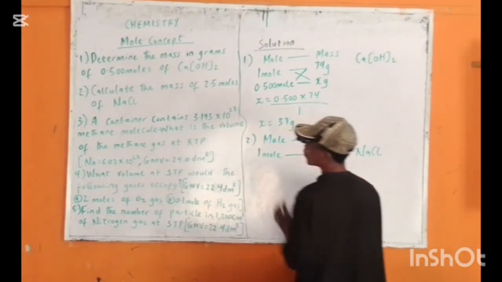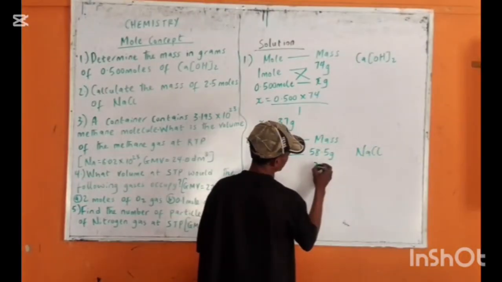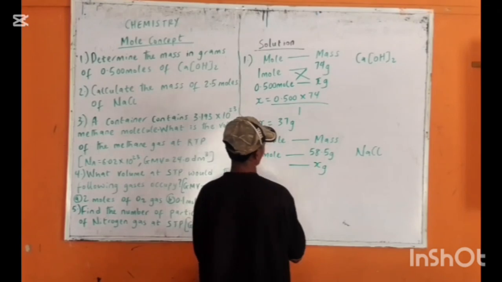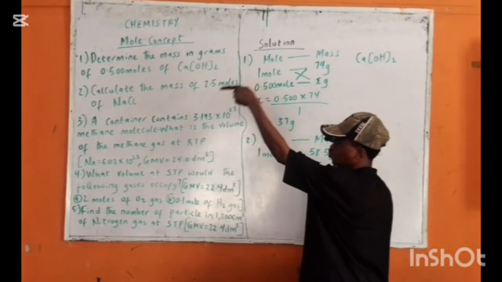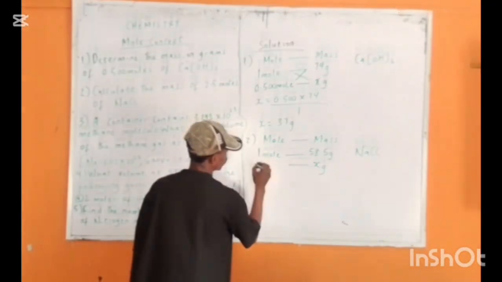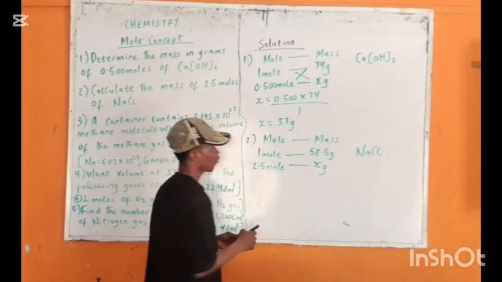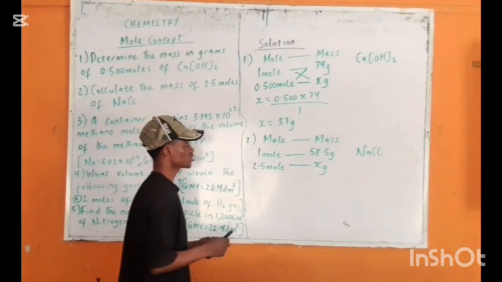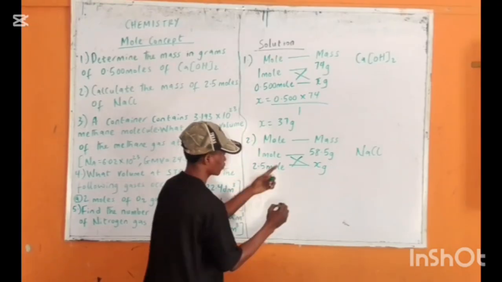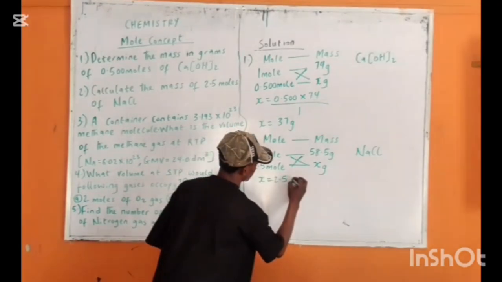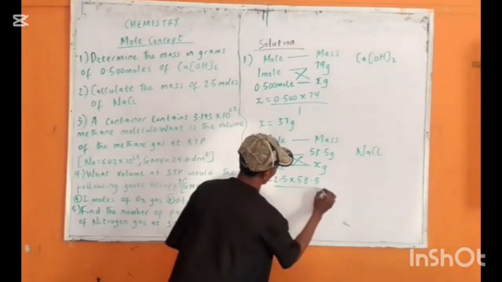So what's the question now? Calculate the mass. That be what? X gram, of 2.5 moles of sodium chloride. So what's the next thing here? Cross multiply. Our X equals 2.5 multiplied by 58.5 over 1.